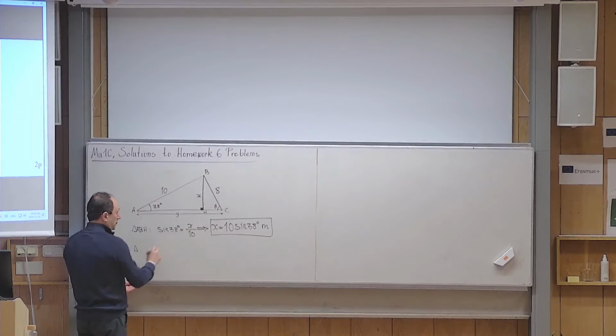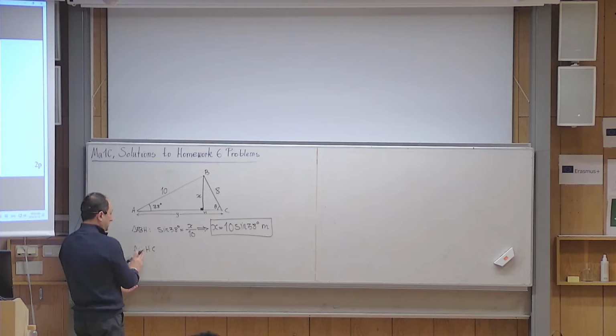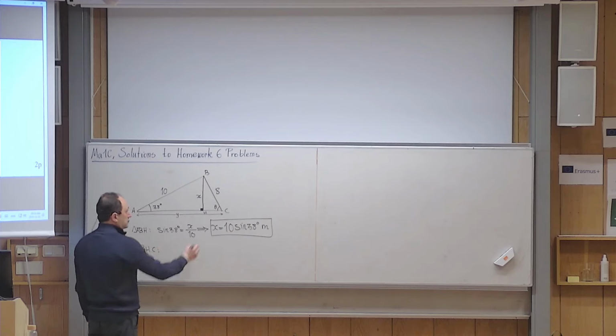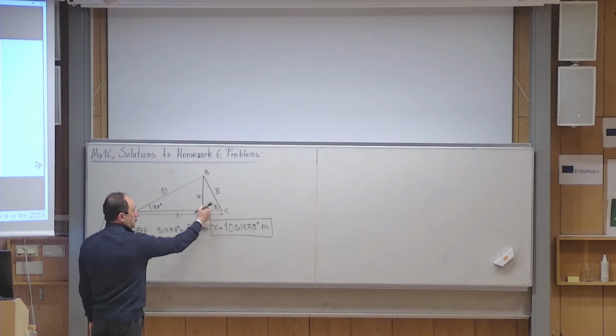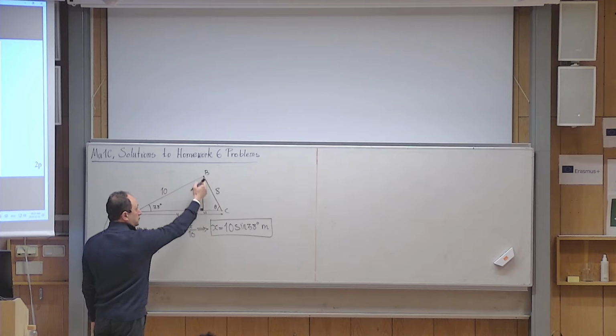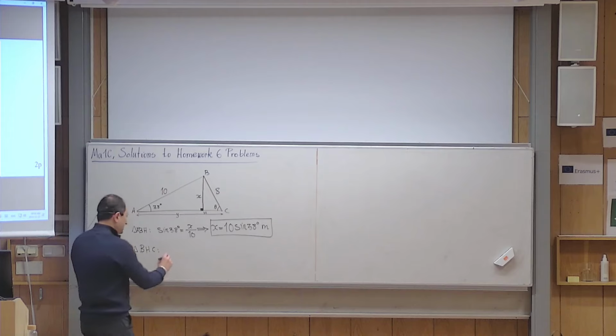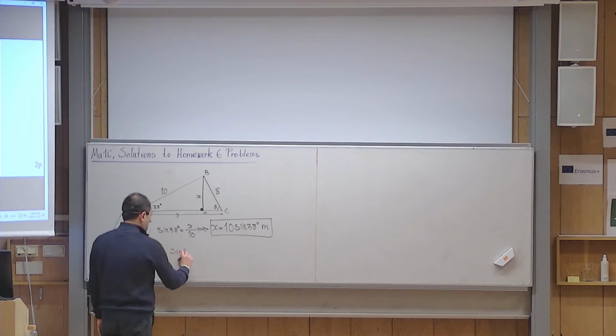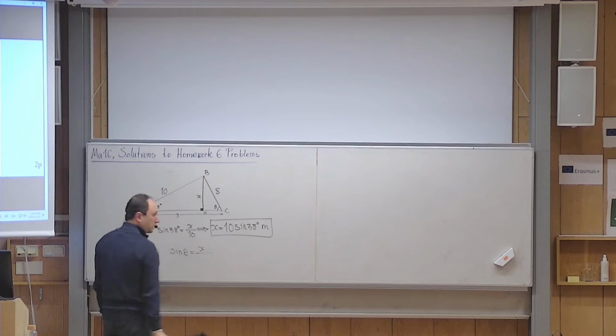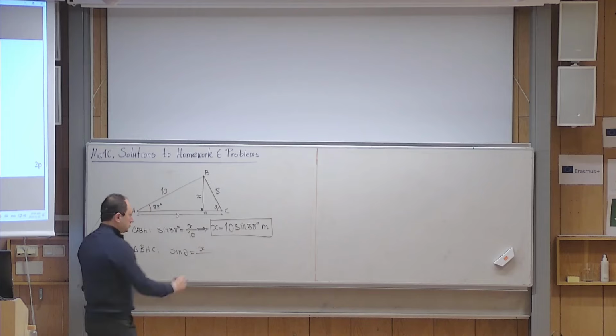The one on the right, BHC. What can I write? Which one is suitable? Theta is this angle. Opposite is known. Hypotenuse is known. Again, sine. So I would say sine theta is equal to x divided by 8.